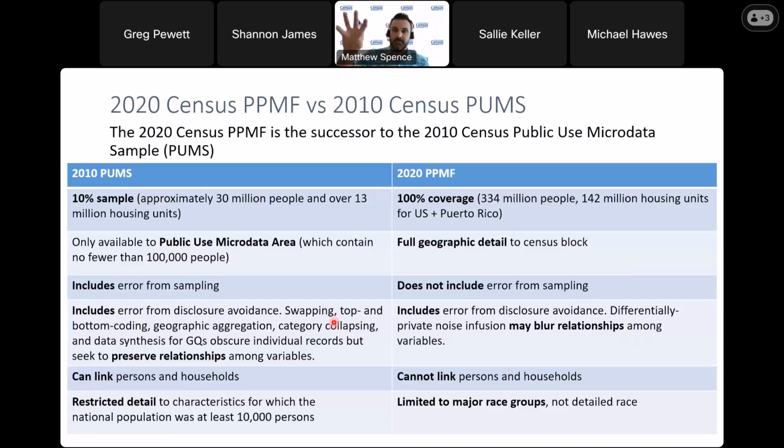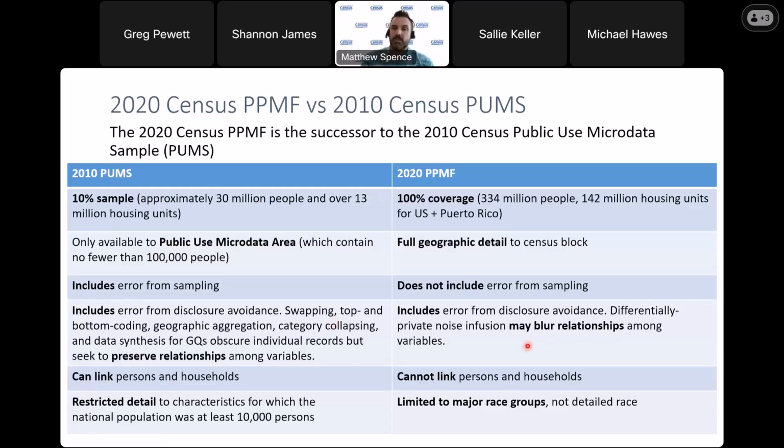Swapping in general means picking up a housing unit and all the people in that housing unit and plopping it into a different area, and then doing the reverse to counteract for its missingness. That tries to account for some relationships among variables, but of course it does create noise that's harder to quantify and potentially could lead to some weird geographic results.